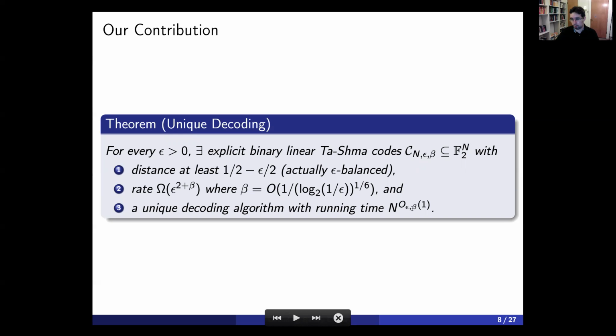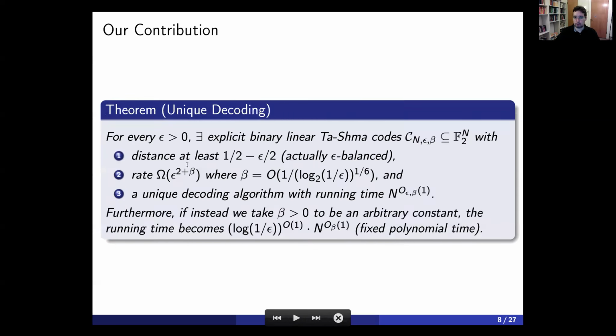And if you're curious, those are polynomial factors. And if you're willing to trade the quality of this beta, if you want to take it to be arbitrarily small, but you fix it, then you're going to see a running time that no longer depends on epsilon in the exponent. So at least with respect to epsilon, it's fixed polynomial time.